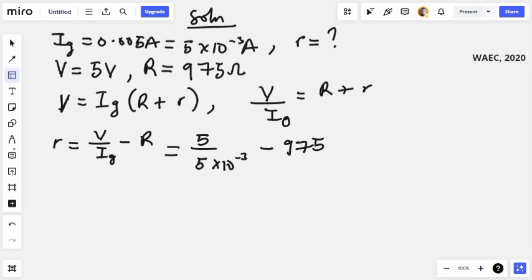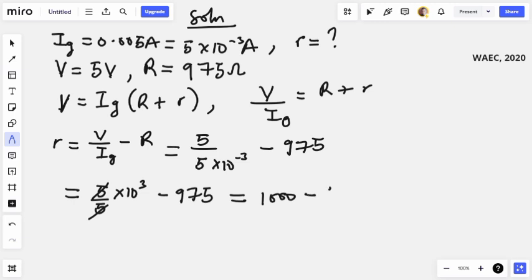Taking the 10 raised to 3 to the numerator, we have 5 over 5 times 10 raised to 3, minus 975, which equals 5 divided by 5, that is 1, times 10 raised to 3, which is 1000.